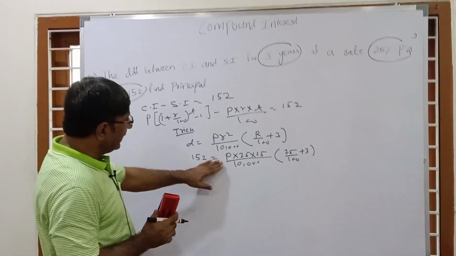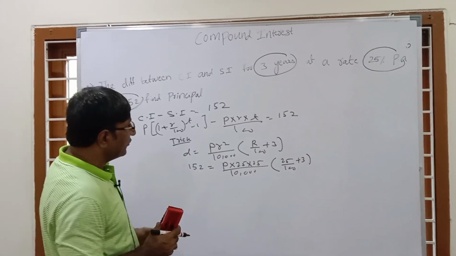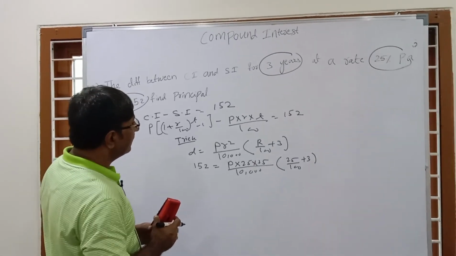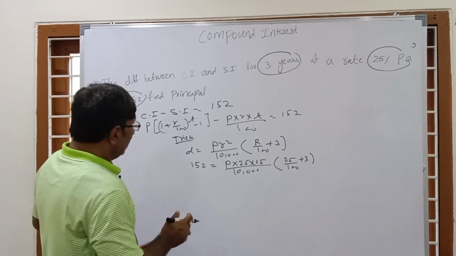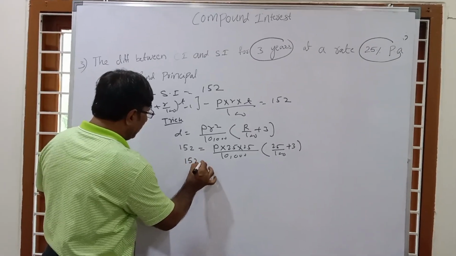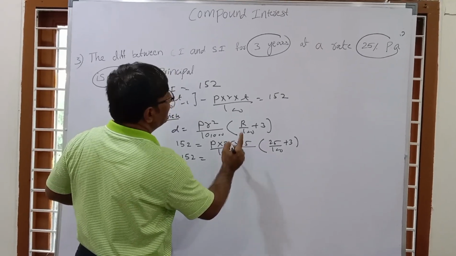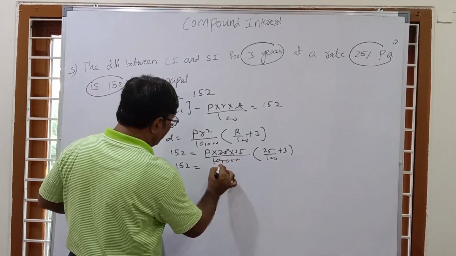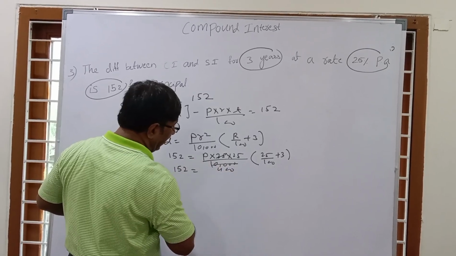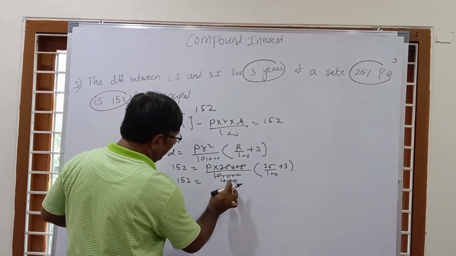So this is P into 25 into 25 upon 10,000, equal to 152. Now 25 into 25 is 625, so this is 400 in the denominator after cancelling.